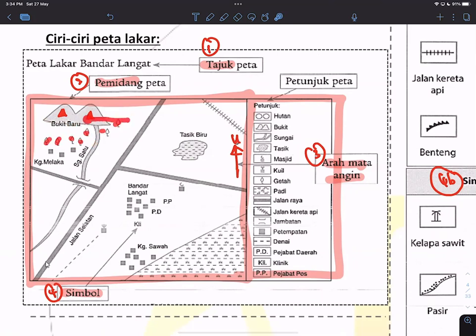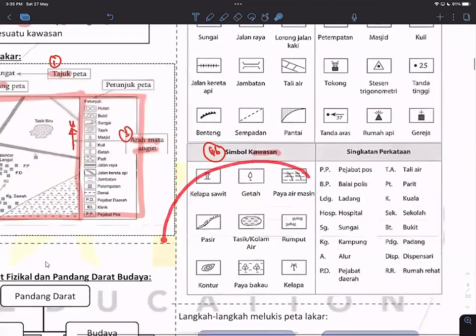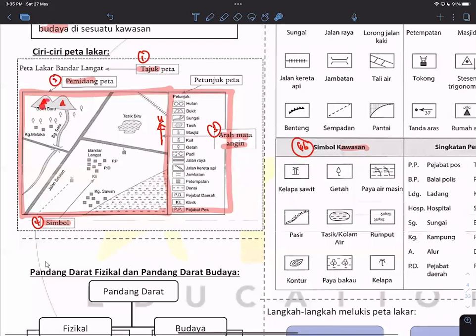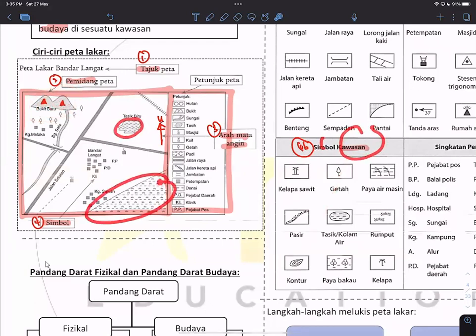No, we are trying to grow all the pokok getah, maybe more than 700 or maybe close to 1,000 pokok getah in this kaki bukit. So this is kawasan, symbol kawasan. Not only one contour, one whole area. So that's why this bukit or maybe this contour is still referring to kawasan. One symbol for one large area. Tasik, one large area. Padi, one large area.